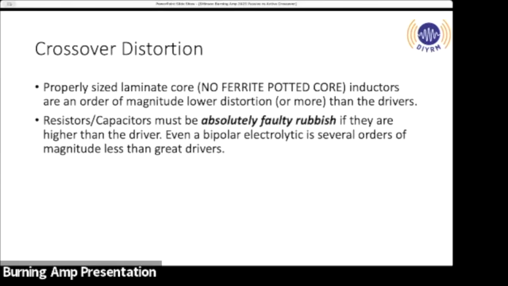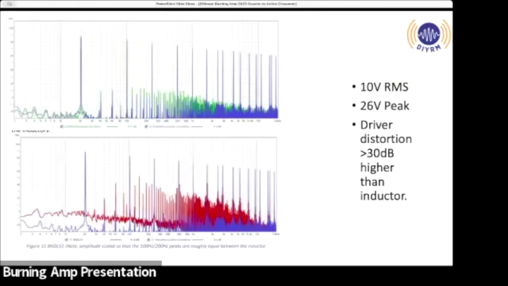I have tested bipolar electrolytic capacitors for distortion, and you can do it, but they're pretty low, right? If you've ever measured the distortion of a tweeter at any real power level, it's multiple orders of magnitude higher. So if your cap is at 0.001% and your tweeter is at 0.7%, which one's going to dominate? Okay, and that's the numbers we're talking about here.